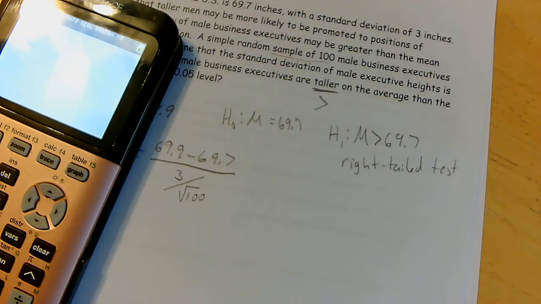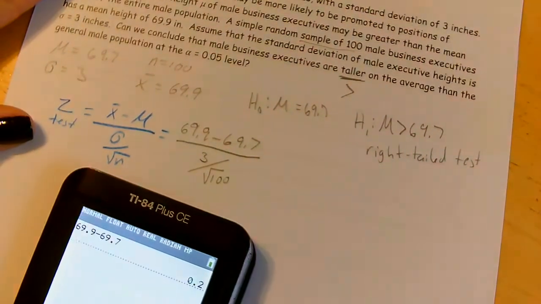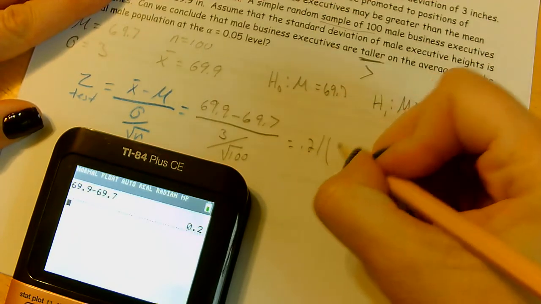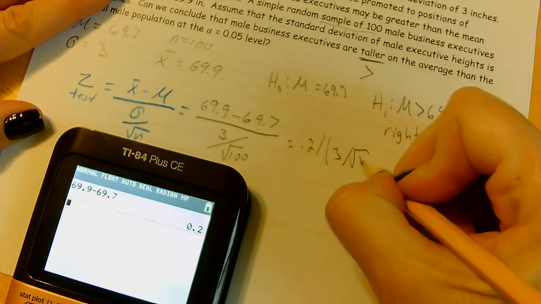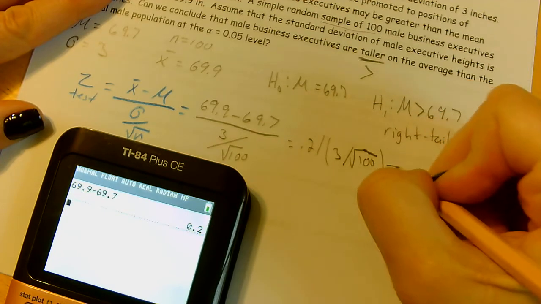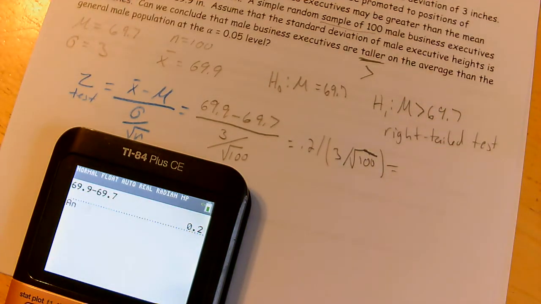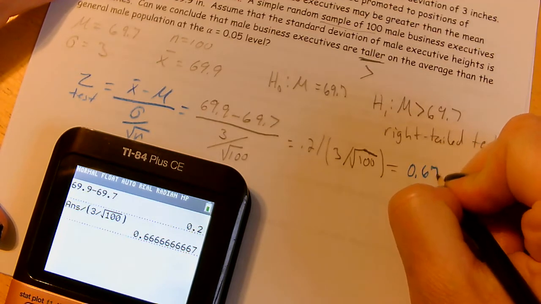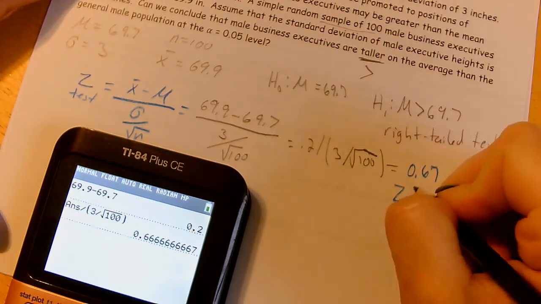When I put this in my calculator, I'm going to get the numerator, divided by the denominator in parentheses, the standard deviation over the square root of 100. That gives 0.67. I'm going to round that, and that's my z-test stat.